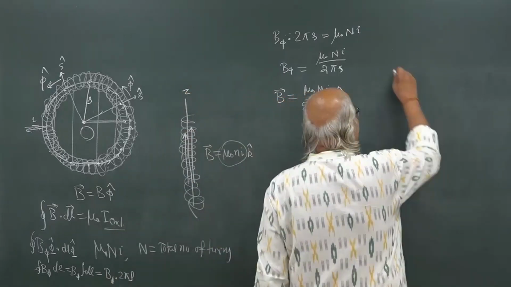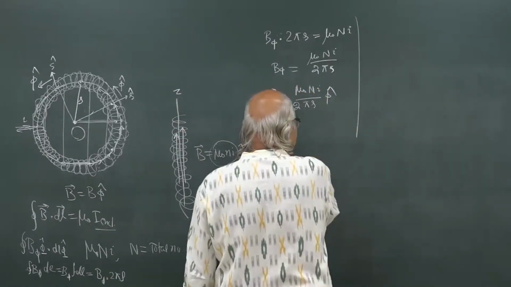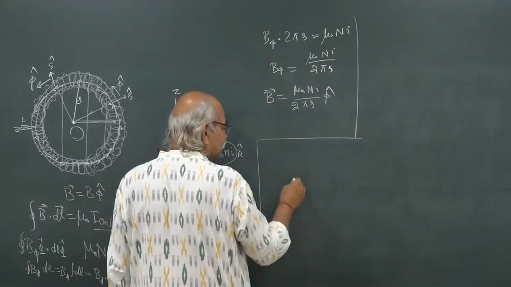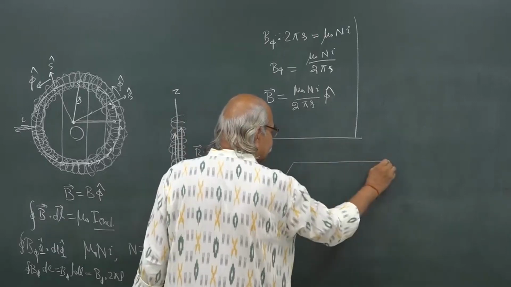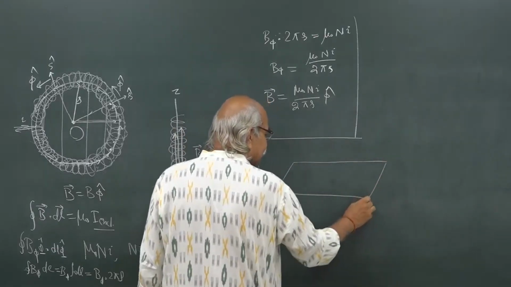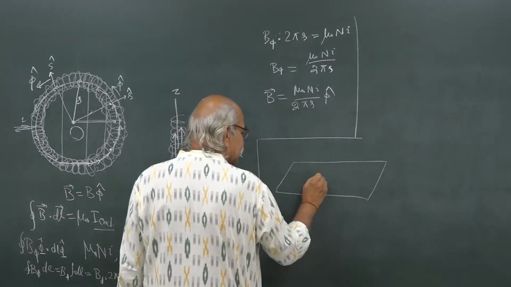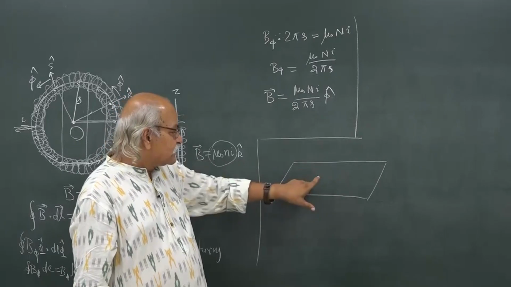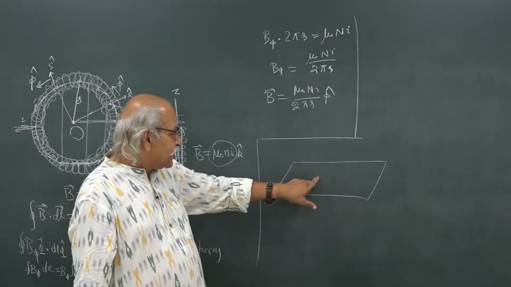So, again I will be showing you a model, but let us first do some drawing here. Suppose here is a surface, not necessarily a plane surface, but some point here, and I am interested just here. This is a horizontal surface, I go slightly up and I go slightly down.